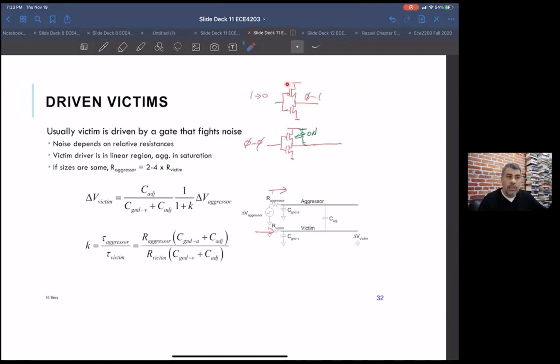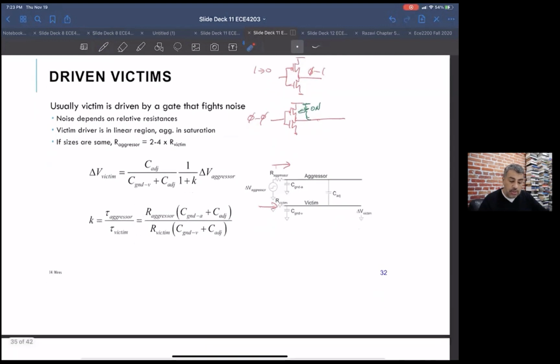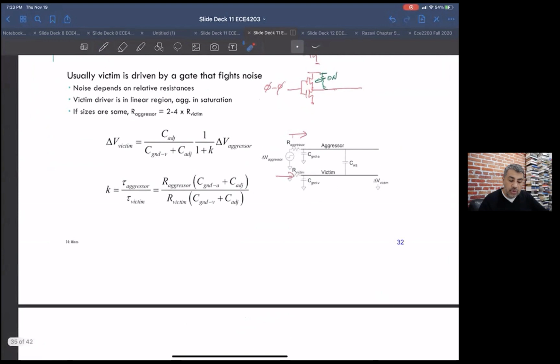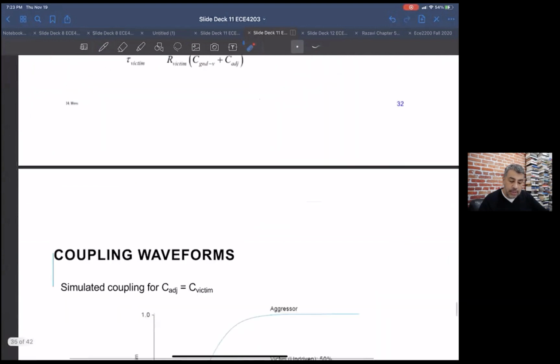It's starting in saturation, and then as it's pulling this node up, it's going into the linear domain. So this PMOS is already in linear mode, and the aggressor is going from saturation to linear. It means it has a higher resistance than this guy if they're the same size. That's great, because it essentially means you have your victim to dampen that noise quite a bit.